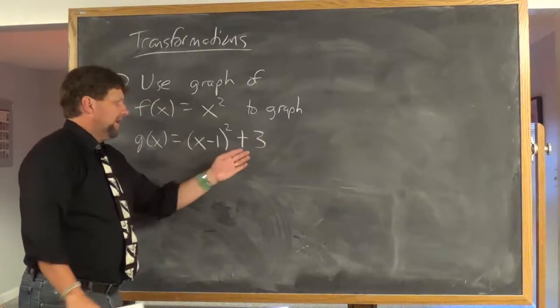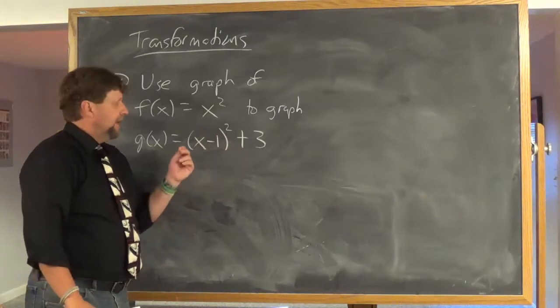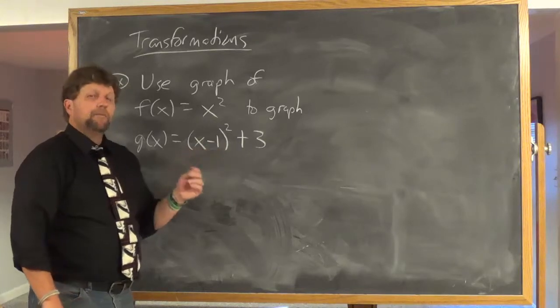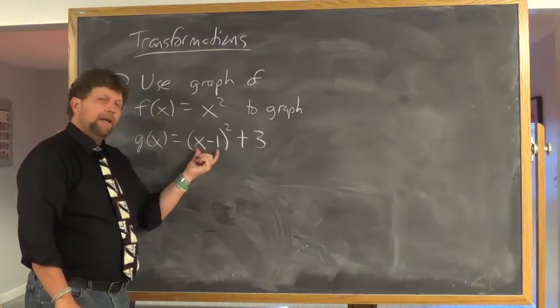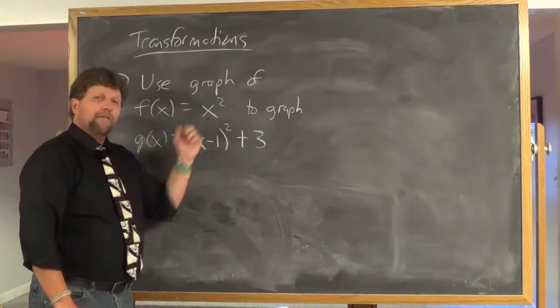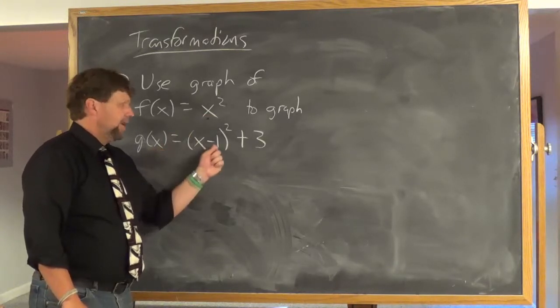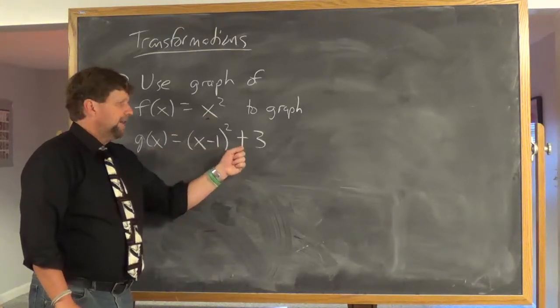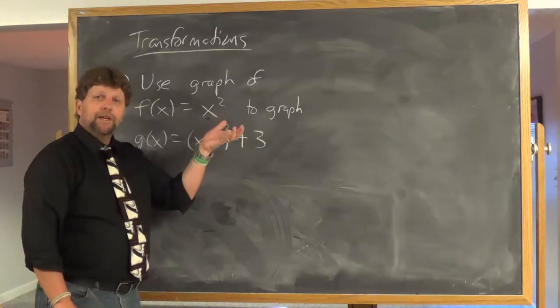Okay, something like this, (x minus 1) quantity squared plus 3, you are going to see that what's embedded in here are some transformations. The first one, x minus 1, that is a horizontal shift. It's taking the graph of x squared and just shifting it to the right 1 unit. Then finally the plus 3 is taking it and shifting it up 3 units.